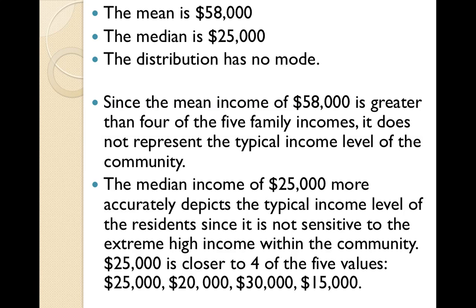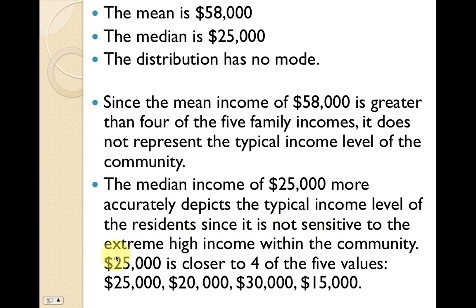The median, however, the median of 25,000 more accurately depicts the typical income level of the residents since it's not sensitive to the extreme high income within the community, meaning that it's not affected by the $200,000 income that was part of that data set.